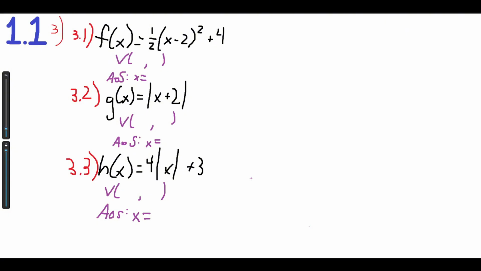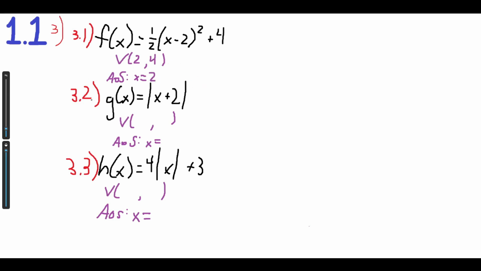Alright, so 3.1, we are given a vertical shrink of 1/2 with a translation to the right 2 units and up 4 units. So that would give us a vertex of (2, 4) with an axis of symmetry at x equals 2.